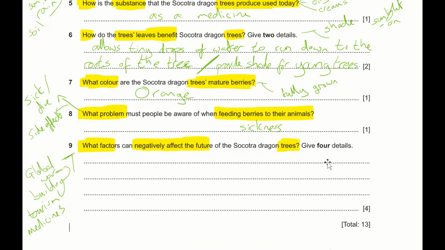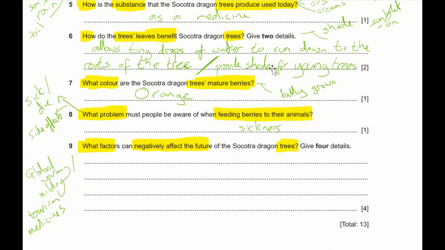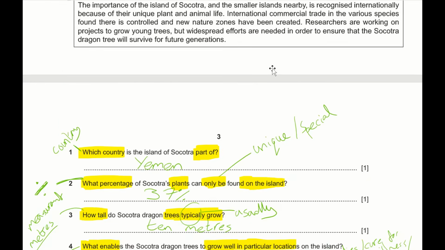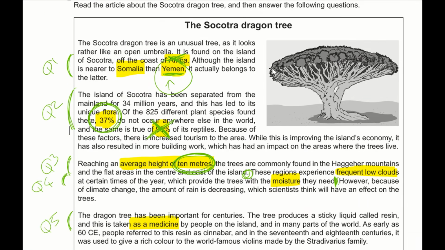It's giving me 4 details. So I'm going to go right to the top of the text because, as mentioned, for the last question the answers are not sequential. They're probably going to be scattered throughout. So let's see where they are.